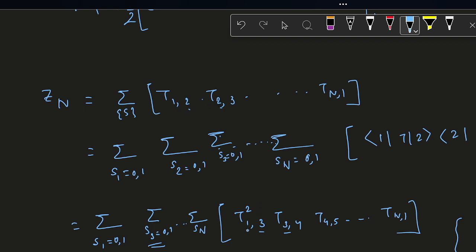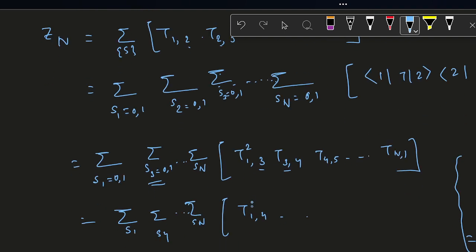So your matrix element now becomes 13, but your product term will have a T squared to match the dimension. Similarly, when you take this multiplication with 34, we have indices 1 and 4, but your product will be T cubed, because you are taking a product of T squared into T, right?